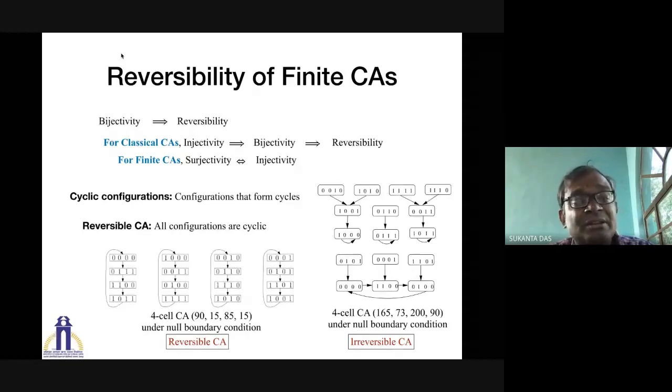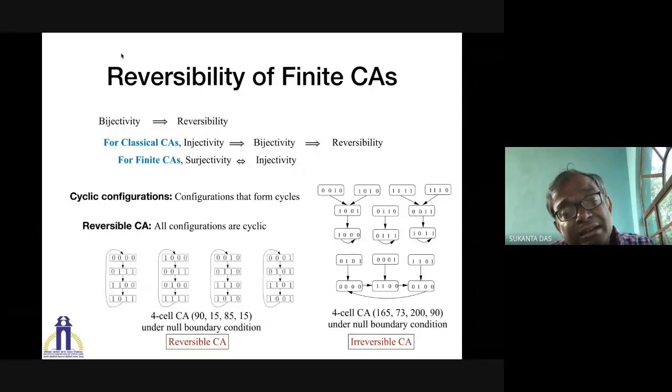All the configurations are mapped to a unique configuration, so there is no many-to-one mapping. Further, you can see all the configurations of reversible CA form cycles.